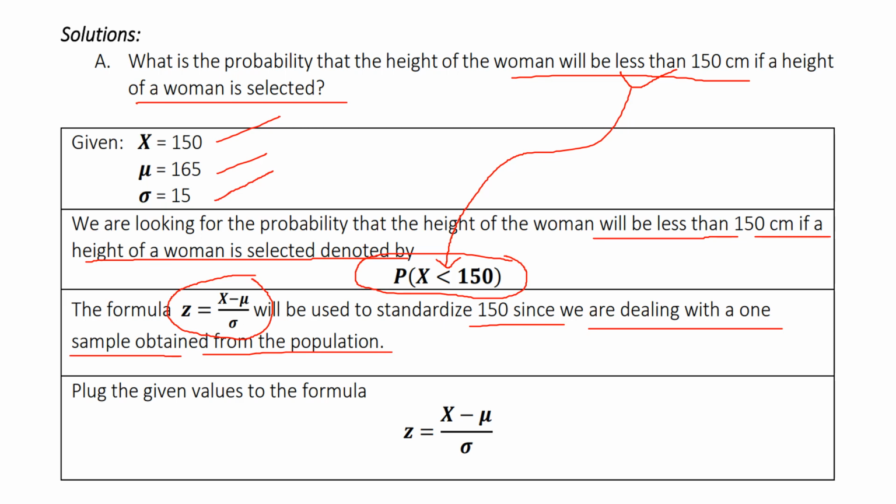That's why we use this: your Z, which is equal to x minus mu all over sigma. There are given values for your x, your mu, and your sigma, so we simply substitute the given values into the formula here.